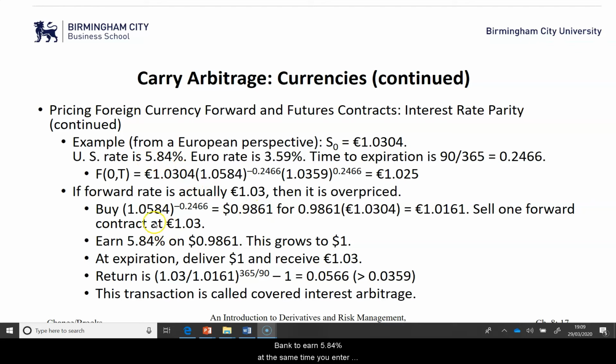At the same time, you enter into a forward contract to sell $1 at 1.03 euros 90 days from now.